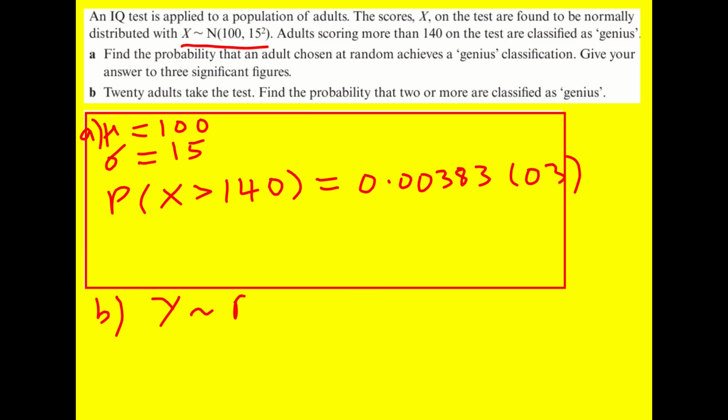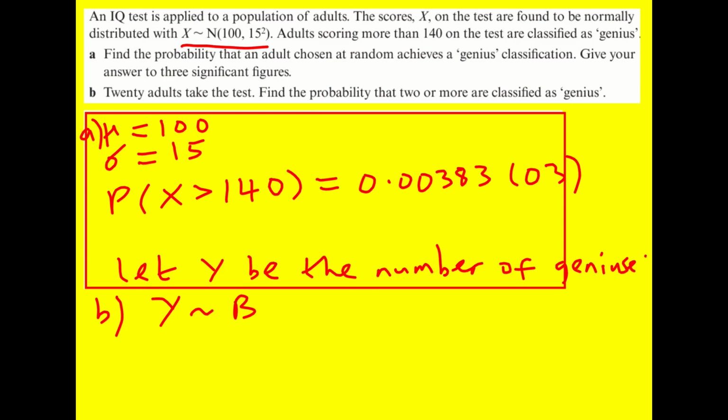Y follows a binomial distribution. Do you know what I should say? Let Y be the number of geniuses. I should put that in little apostrophes like they have.